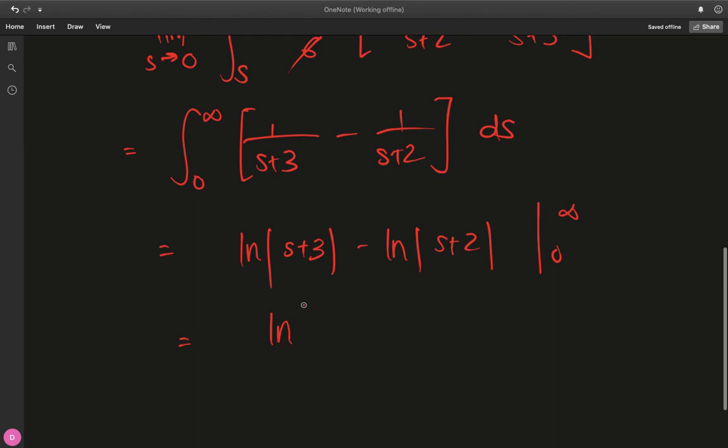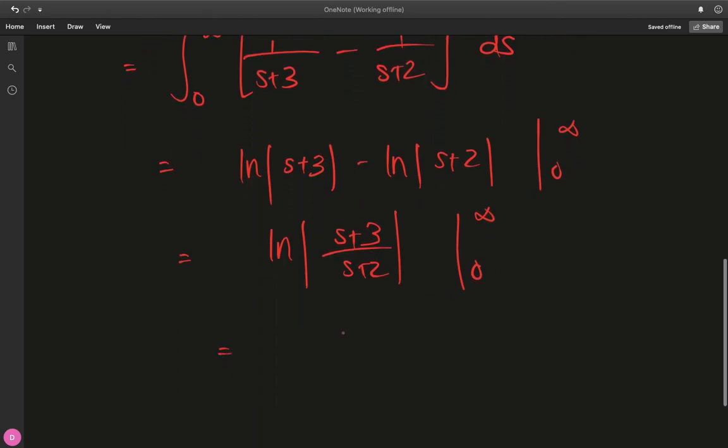If we do that, we obtain a similar expression to what we did before. For the infinity case, this will just be the natural log of 1, so it will go to 0 over here, minus natural log of, when we plug in 0 for s, we have 3 over 2. Taking the negative in, we can flip the inner argument to be natural log of 2 over 3.